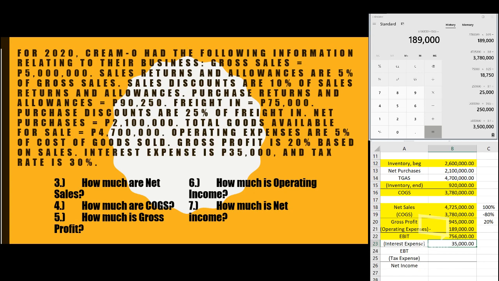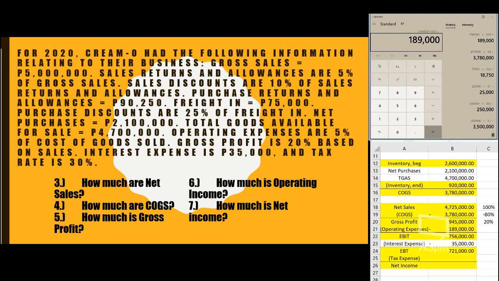This one will be negative. So, our earnings before tax will be 721,000. Now, this is where we will base yung ating tax rate na 30%. Once again, EBIT, you first have to subtract interest expense before we apply the tax rate.